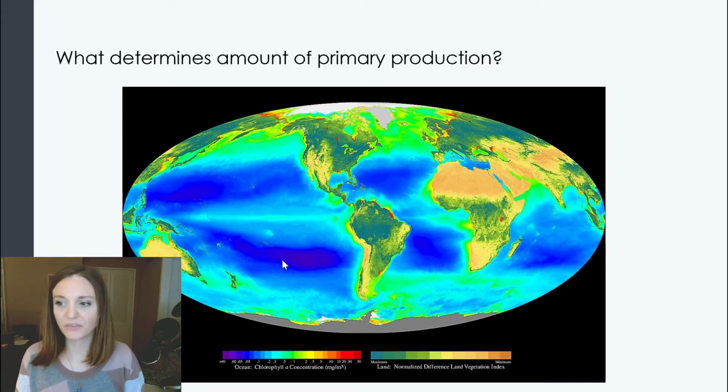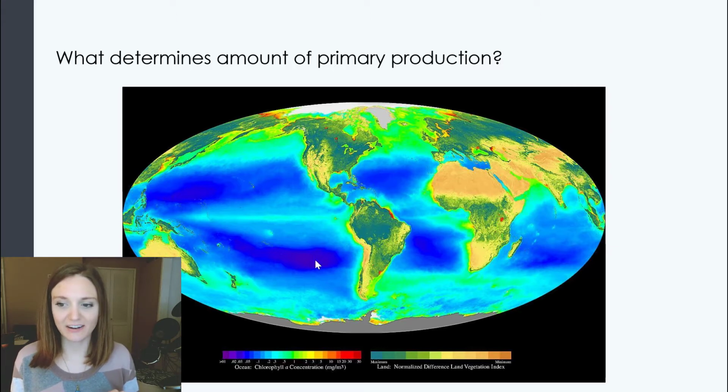Okay, so we can see a few kind of trends going on around the world. We can see that typically areas right around the equator have high rates of primary production. We see a little bit of a gap around 30 degrees north and 30 degrees south.